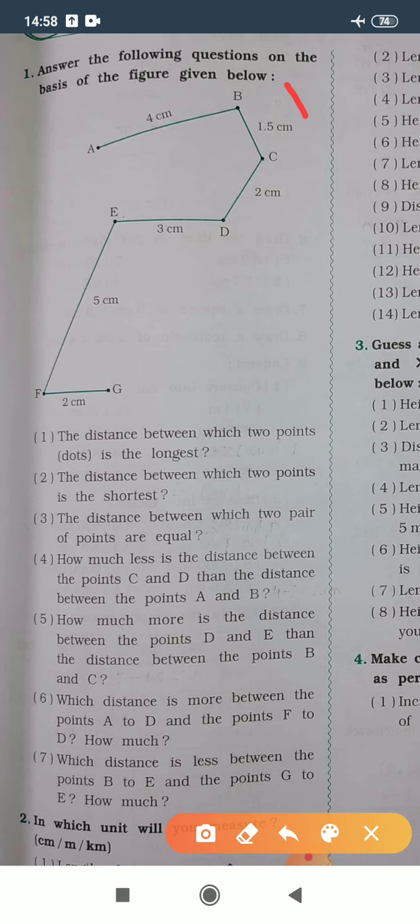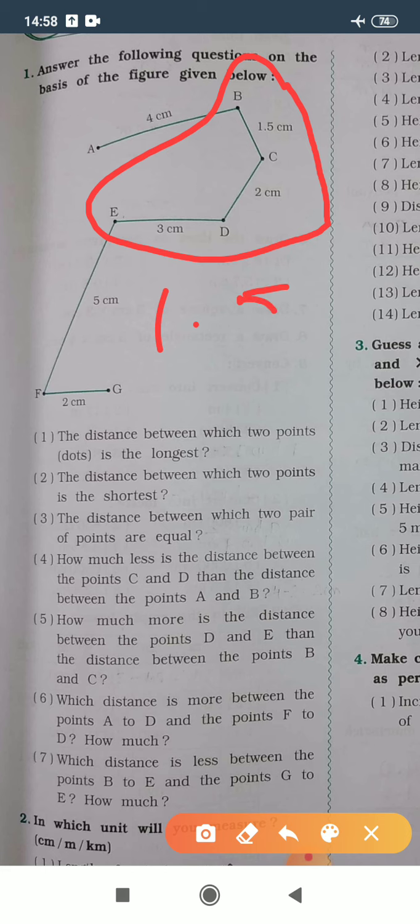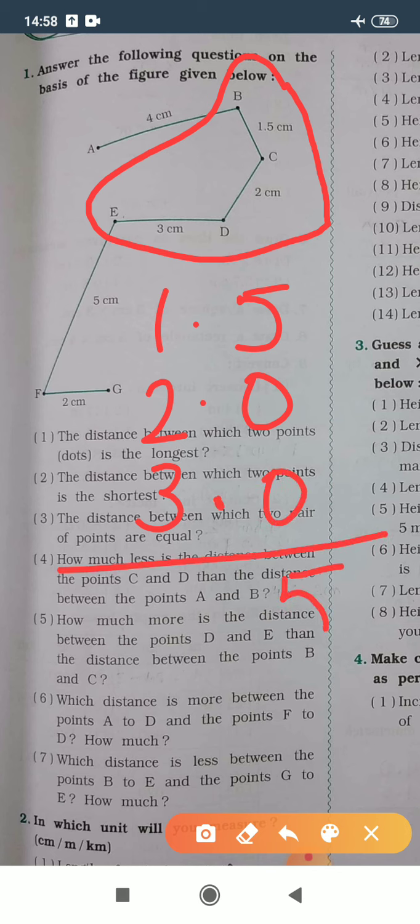So from B to E, this area. So let's add this: 1.5 plus 2.0 plus 3.0 gives you 5 here, and 3 plus 2 is 5, plus 1 is 6.